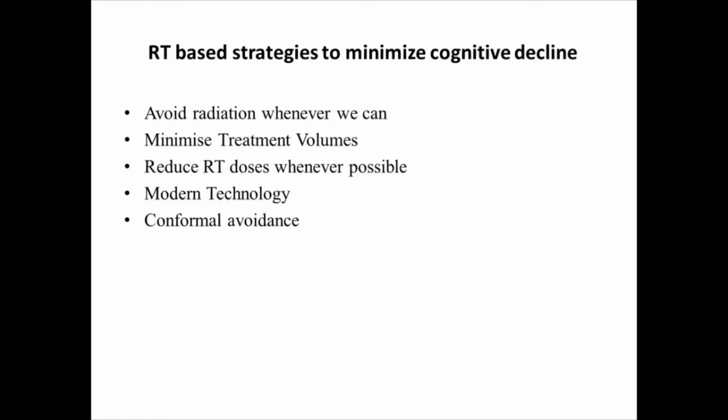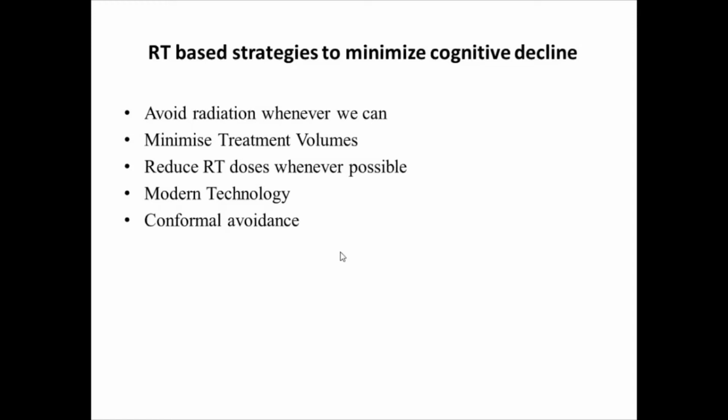We can avoid radiation whenever we can, like in young patients, if the patient has a favorable histology, or if there's a low burden of disease, or equally effective alternative treatments are available. How can we minimize treatment volumes? By giving SRS in oligomets or tumor bed rather than posterior foci in medulloblastoma.